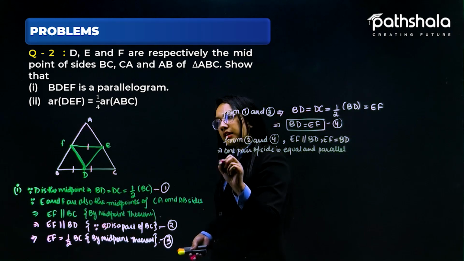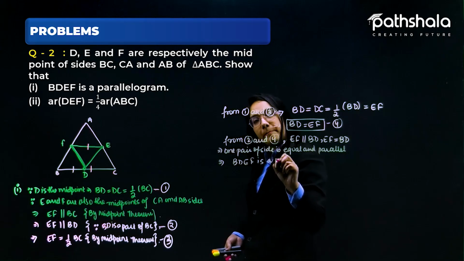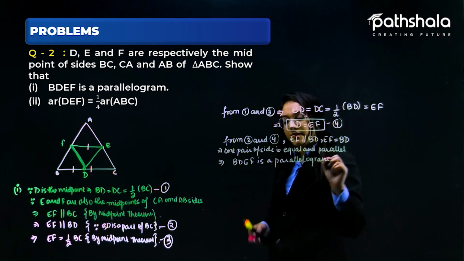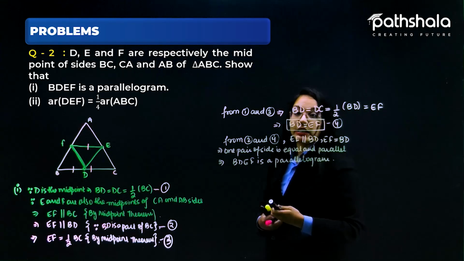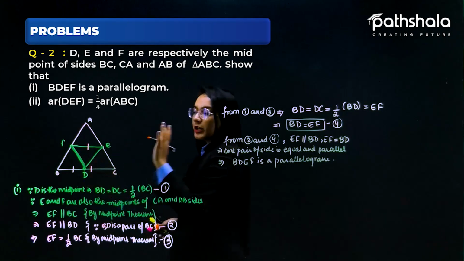It implies BDEF is a parallelogram. So this is the very first part in which we have to prove that BDEF is exactly a parallelogram, which is in between this particular triangle.